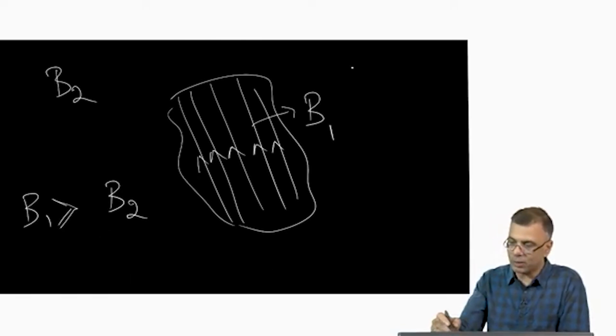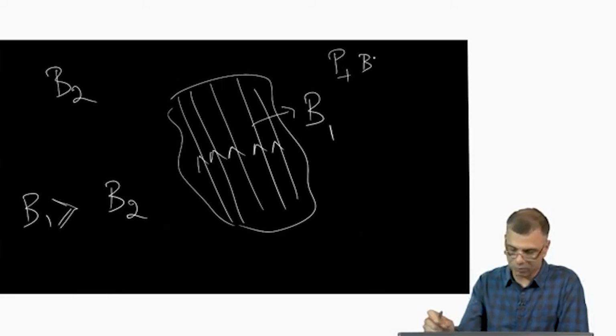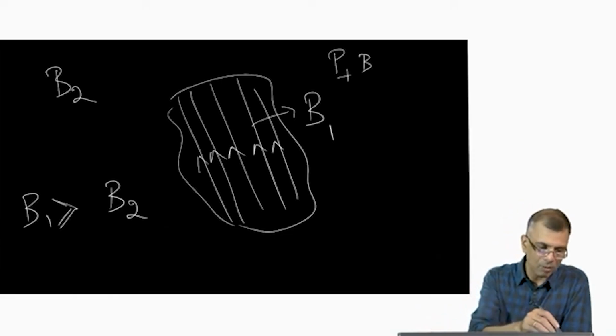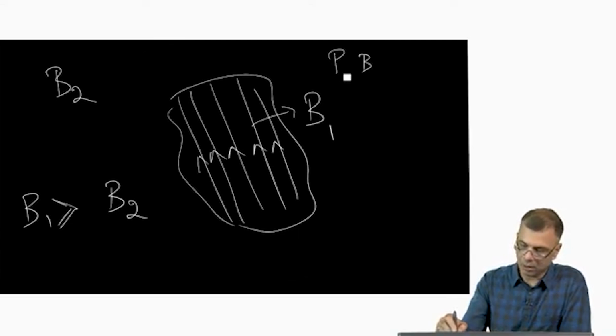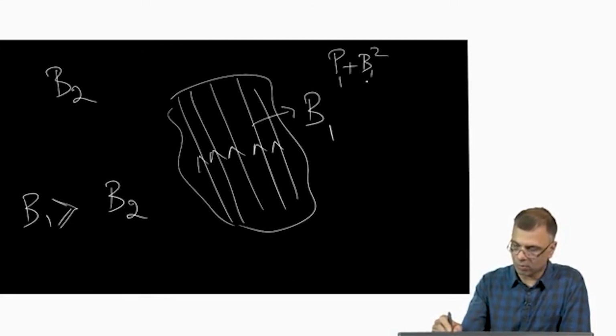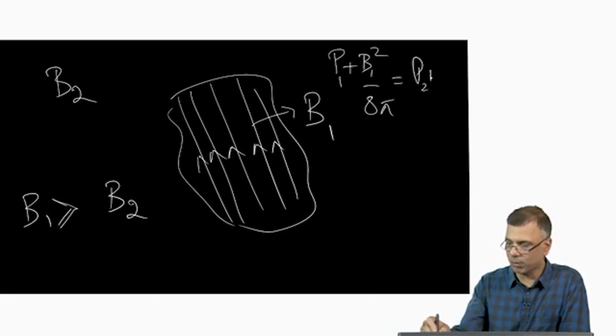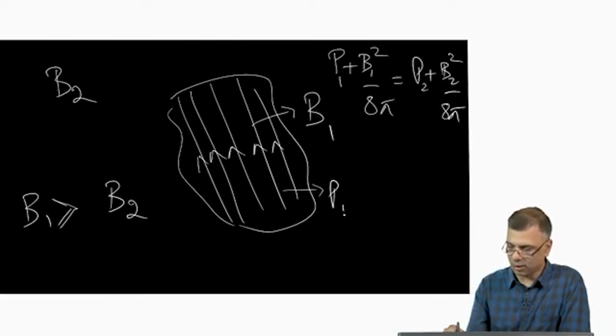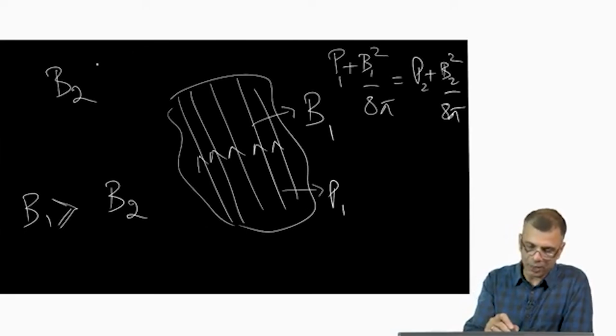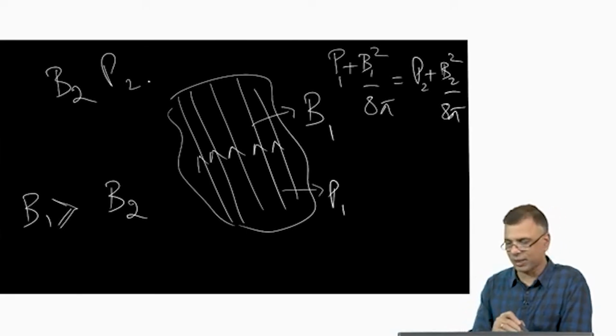Now, we know that the gas pressure P1 plus B1 squared over 8 pi has to be equal to P2 plus B2 squared over 8 pi, where P1 is the gas pressure inside and P2 is the gas pressure outside, right.